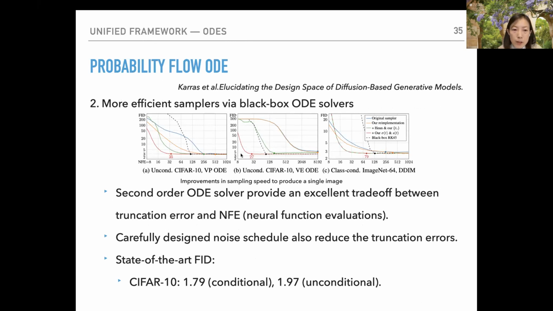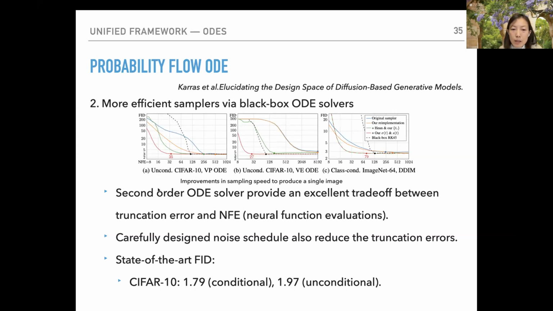We can see from this figure. By using the second order ODE solver, it can provide an excellent trade-off between the truncation error and NFE. We can see the red line, the second order ODE solver. It can get a lower FID score using few steps compared to the SDE.